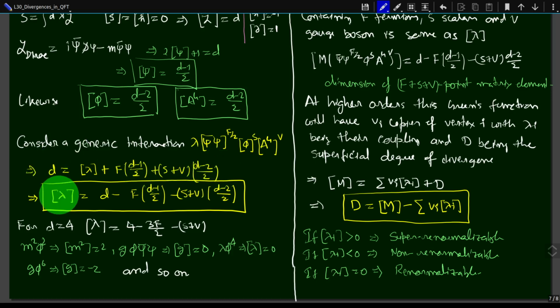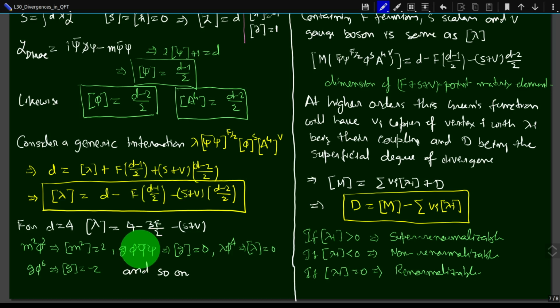If I just write lambda on one side and put everything else over here, for a larger number of fermions, scalars and vectors in a given term, lambda has more and more negative mass dimension. For d equal to 4, I can simplify this formula to 4 minus (3/2)f minus s minus v. If you write a term like m^2 phi^2, the dimension of m^2 turns out to be 2, because it has 2 scalars and no fermions.